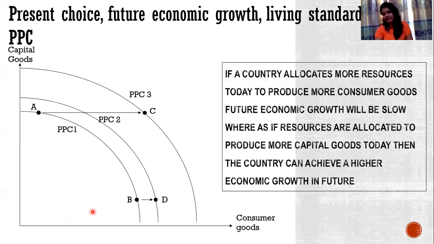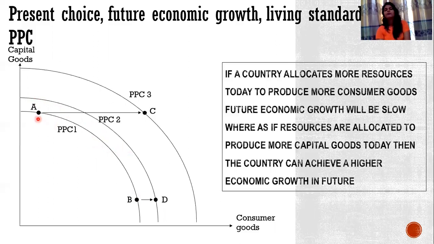And it says if the economy allocates more resources to produce consumer goods and less resources to produce capital goods, then you are having a better living standard at present, but you will achieve low growth in living standards in future, and your economic growth will also be slow.